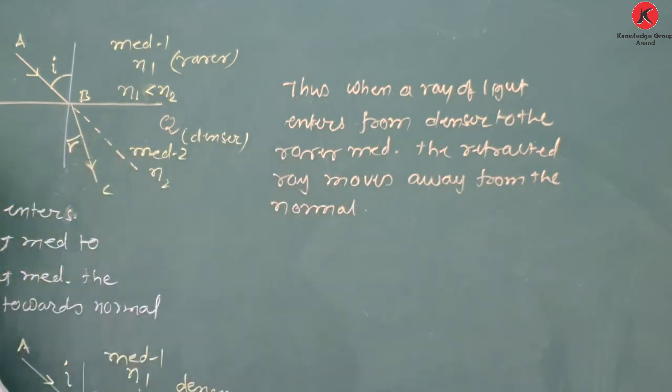So these are the conditions in which the refracted ray bends towards the normal or moves away from the normal. That depends on the types of medium, not on the angle of incidence.